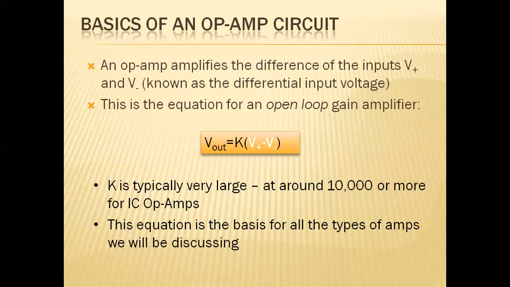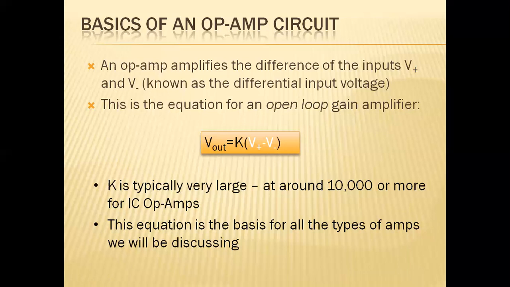But typically K is very large, around 10,000 or more for integrated circuit op-amps. Here IC refers to the integrated circuit. An integrated circuit refers to a combination of transistors, resistors, diodes, etc., as we have seen in the previous slides.